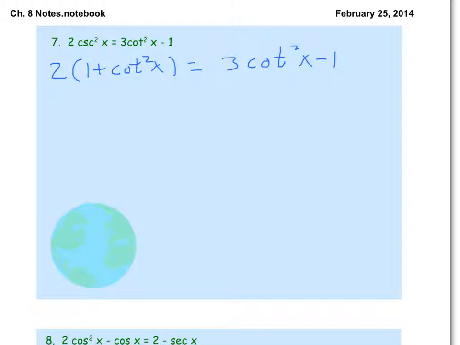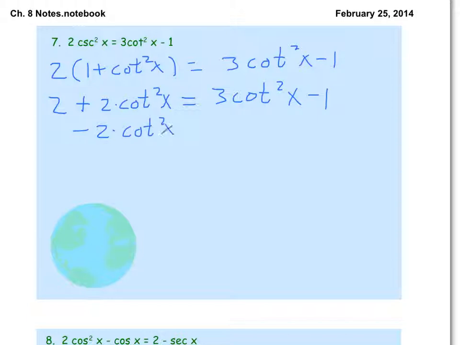Okay. What I would do next on the left side is distribute the 2. And I would have 2 plus 2 times cotangent squared. And that equals 3 cotangent squared of x minus 1. Now I'm just going to move some terms around to kind of get this all arranged properly and set up the way I want it.